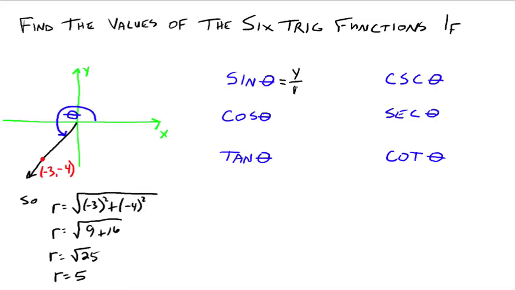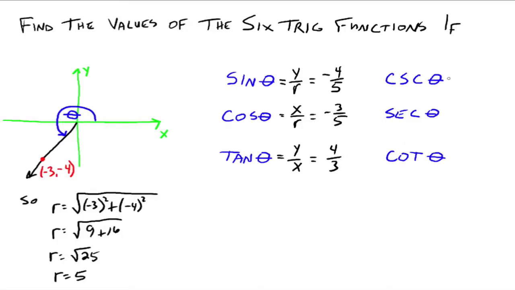So that would be negative 4/5. Cosine of theta is defined to be x divided by r, so that would be negative 3/5. Tangent of theta is defined to be y over x, and so that would be 4/3. Everybody see that? Because it would be negative 4 over negative 3.